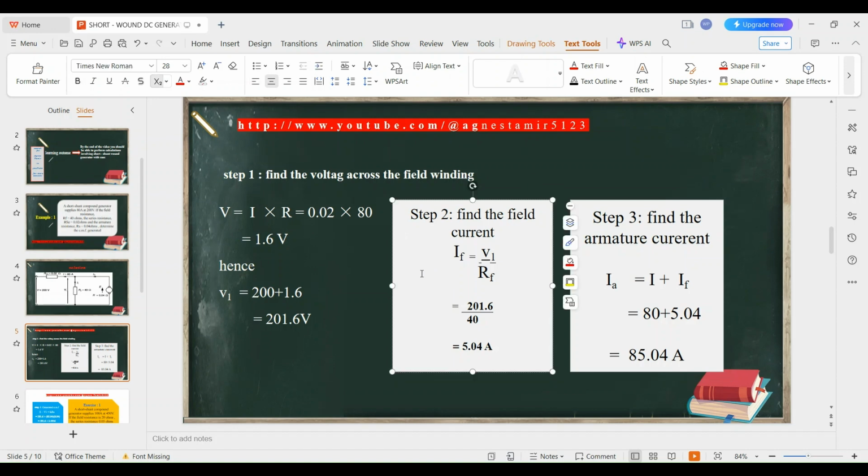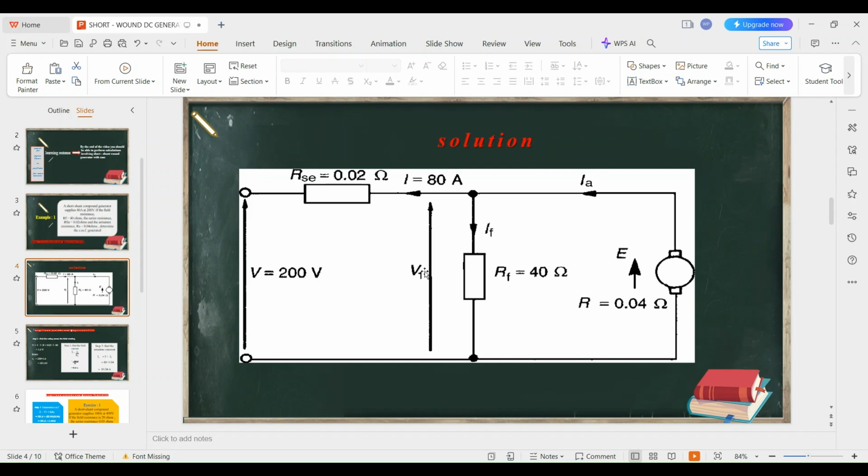That is our voltage drop. Now, let's look for the terminal voltage. Remember, I've said that V1 will be given by the supply voltage, which is 200, plus the voltage drop across this series resistance.